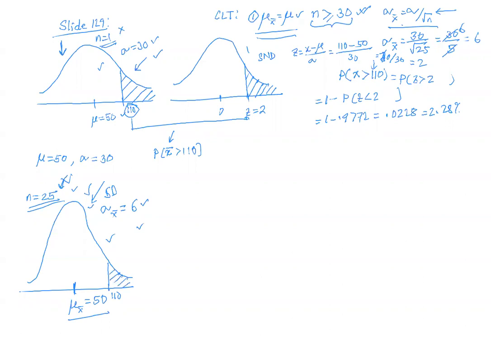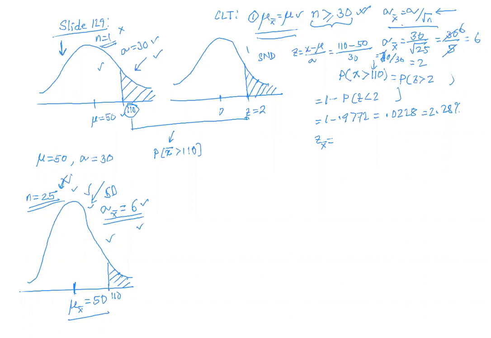So now we need to find the corresponding z value. Remember, sigma sub X bar is 6 here. So what is the z value? z is not going to be z anymore. It's going to be z sub X bar, just to indicate that we are dealing with the sampling distribution.